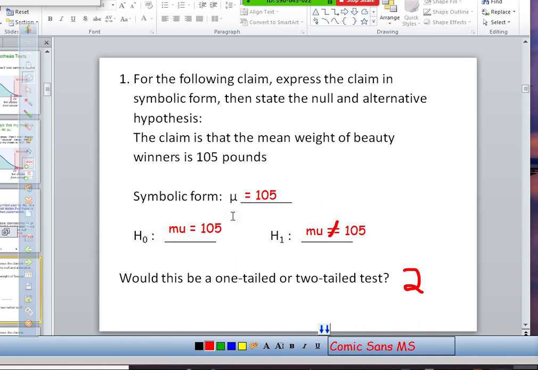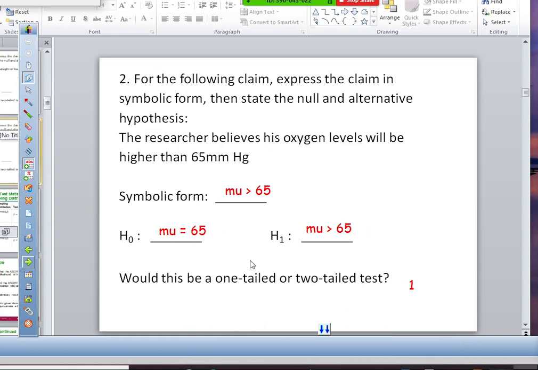And when your claim is H naught, that's when H1 becomes not equal to, the opposite of that. But unless it is, then H1 will always end up being your claim, unless your claim is equals or is. Okay, everybody good with that part? Hopefully? All right.